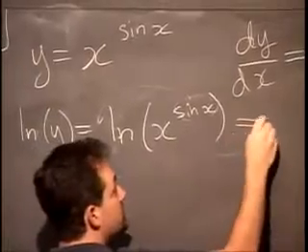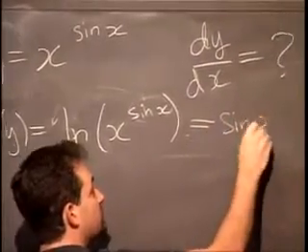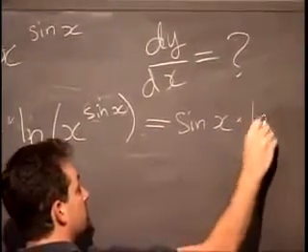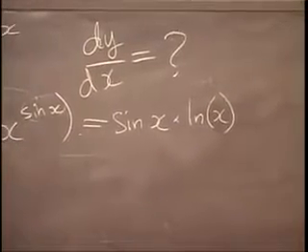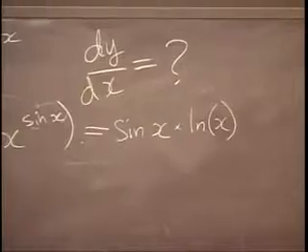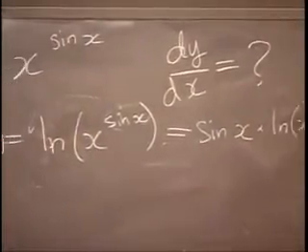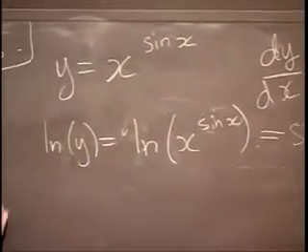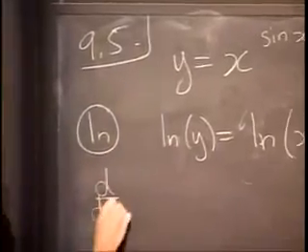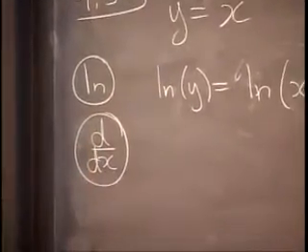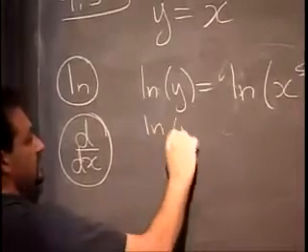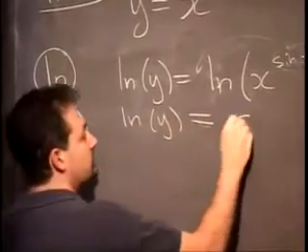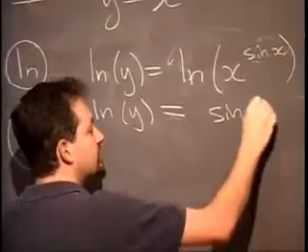So this is just sine x times log x. Well, that I can differentiate. Now what I'd like to do is take d/dx of both sides. Let me write it out again: log y equals sine x times log x.